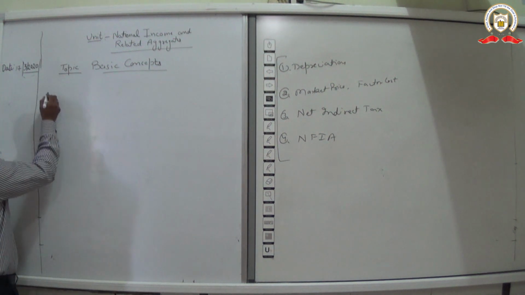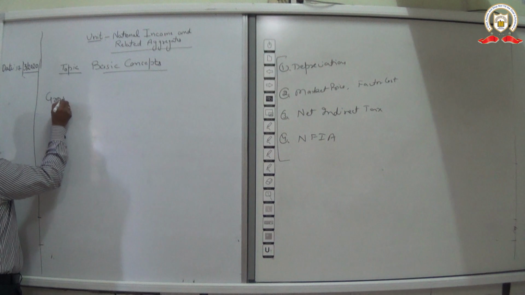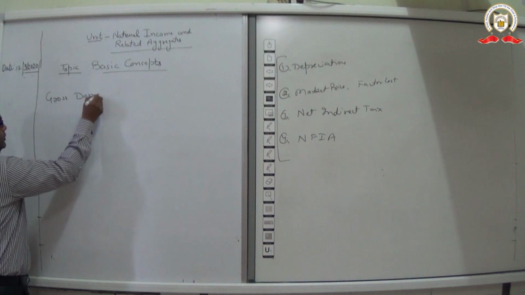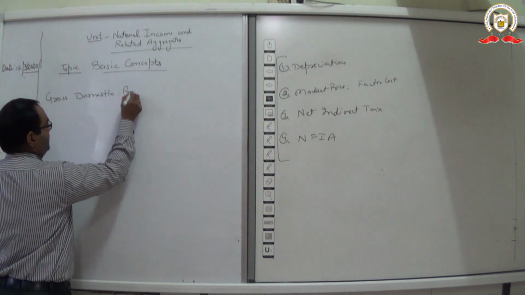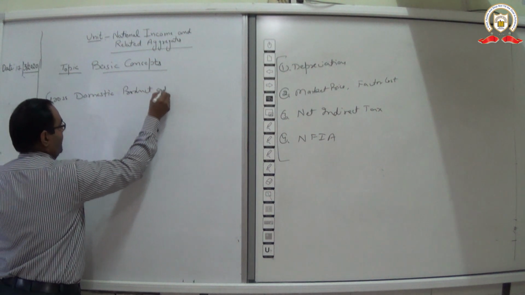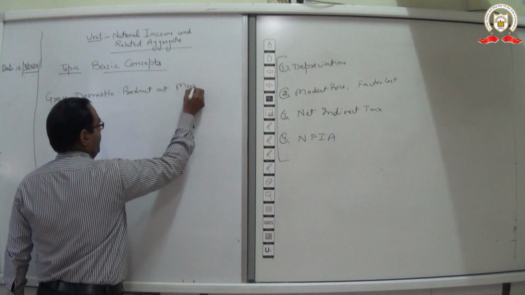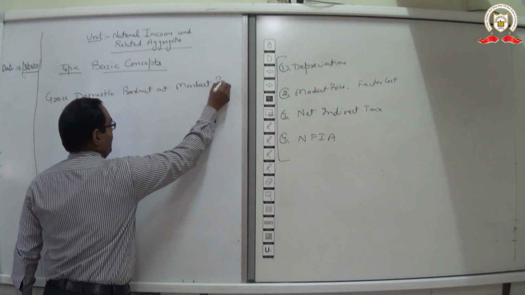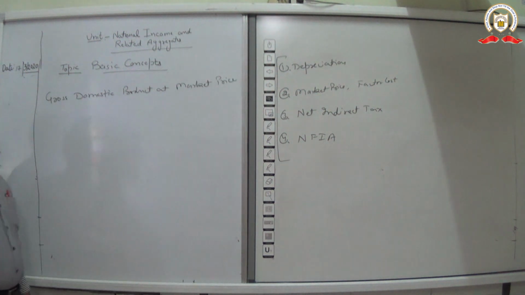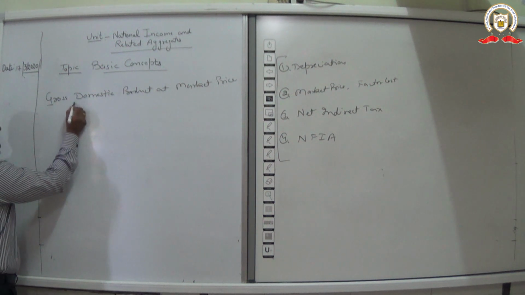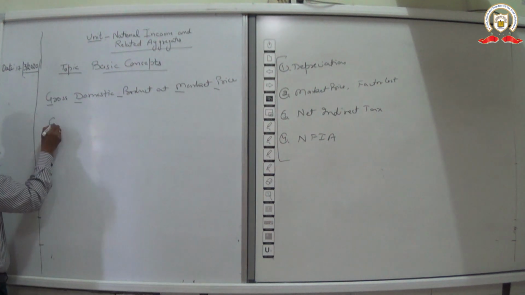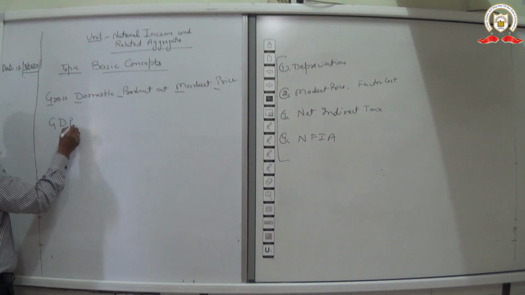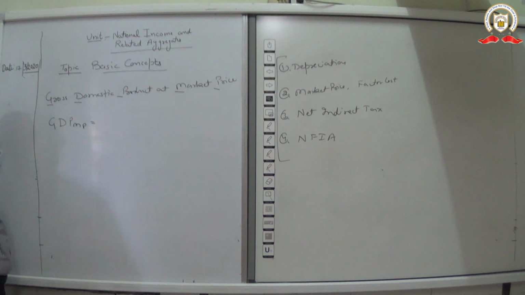So first we start with gross domestic product at market price. We can take the initials of these words: G, D, P and MP.